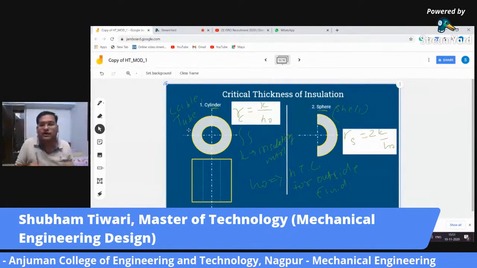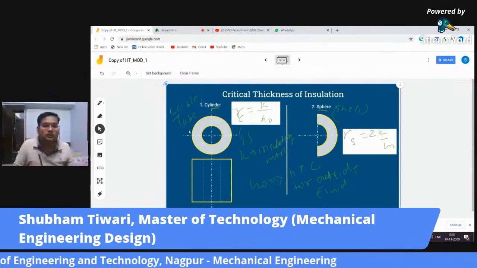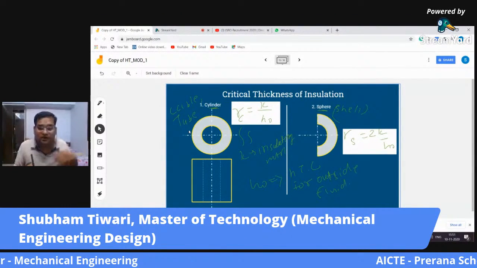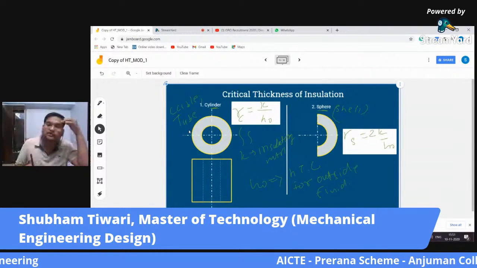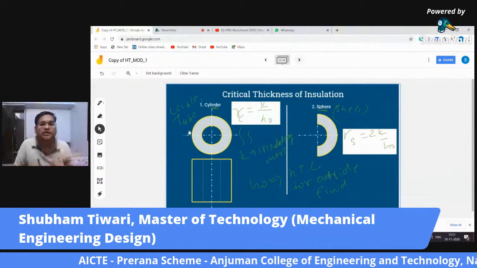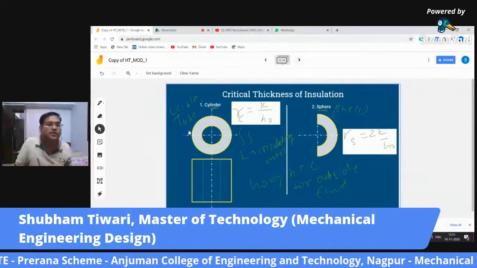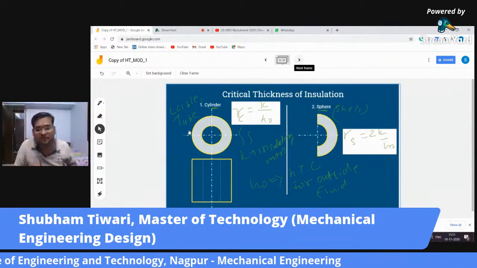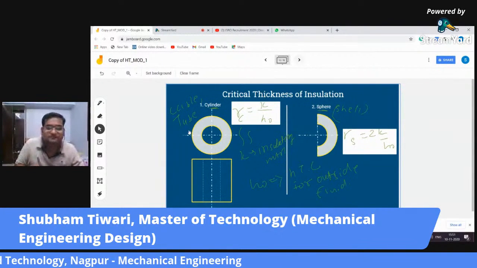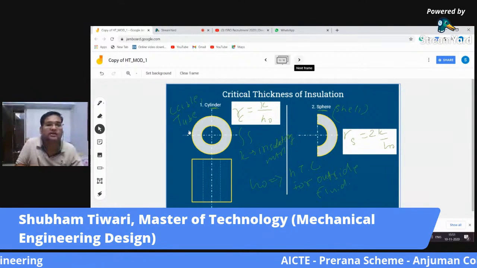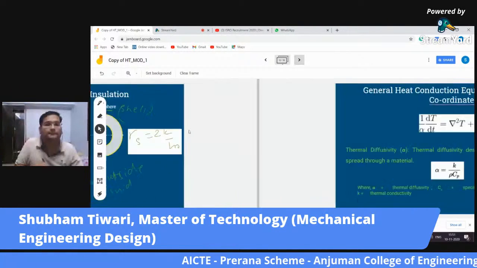This is what we have to highlight. So for a cylinder it is K upon HO, and for a sphere it is twice K upon HO. Don't get worried, we are going to solve some numericals based on this concept, so that you can score at least 2 marks on these topics if it gets asked, because no one can say what can be asked in the GATE exam.